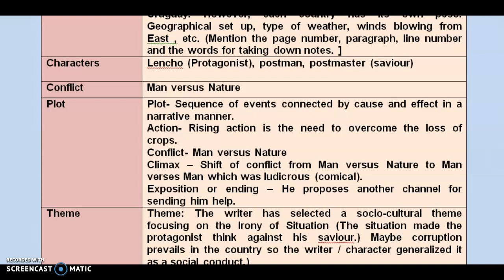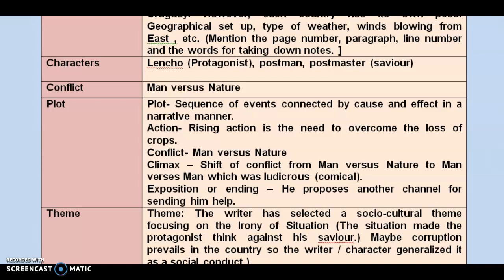The kind of conflict that is depicted throughout the story is man versus nature, while towards the end the conflict changes. The plot, the sequence of the events connected by cause and effect in a narrative manner. The rising action is the need to overcome the loss of crops, and the conflict, as we have mentioned earlier, is man versus nature.